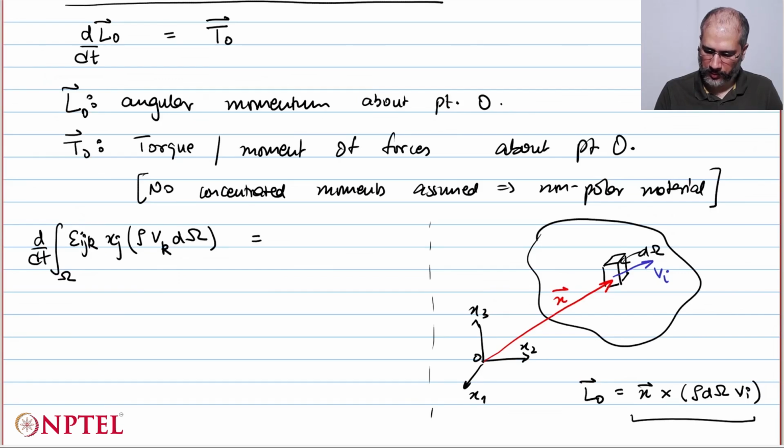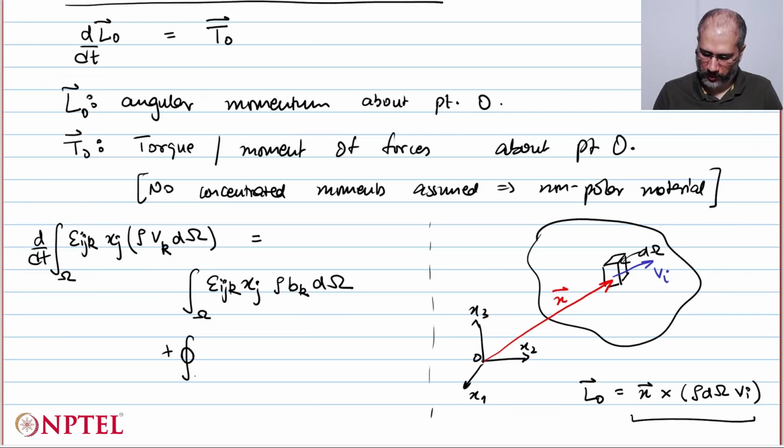And this is equal to the sum of the moments because of body and surface forces. So first we'll write the body force contribution. So this is integral over omega, and the moment of a force is simply x cross the force. So again we have epsilon ijk xj, and this time the force is a body force, rho bk times d omega. And then we have the contribution from the surface forces.